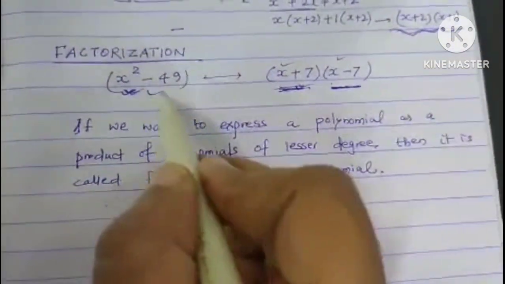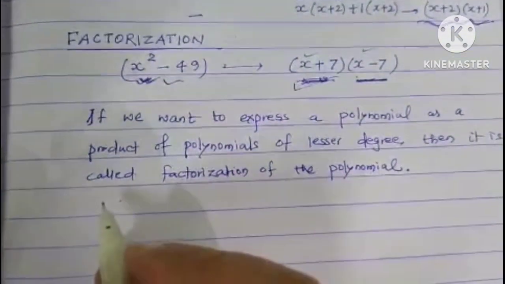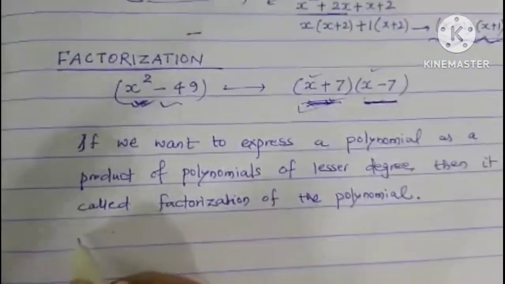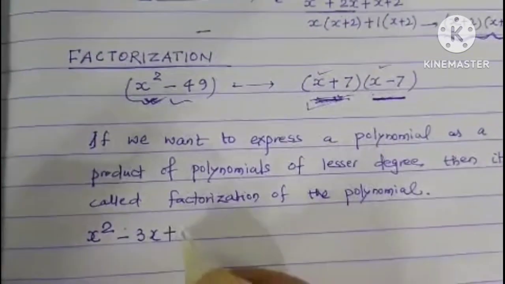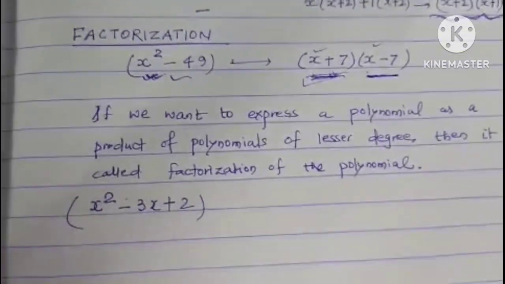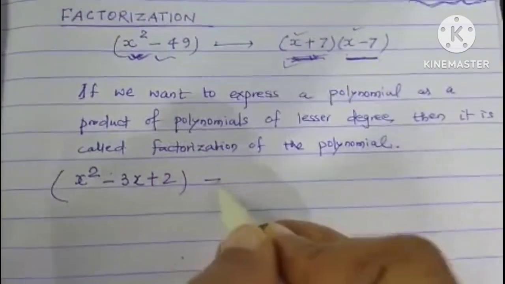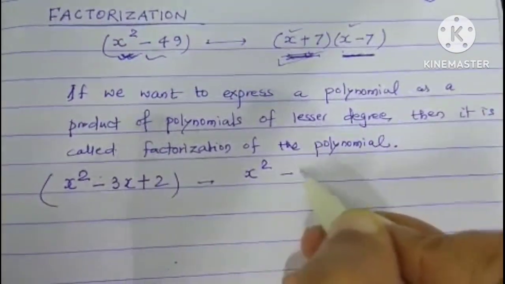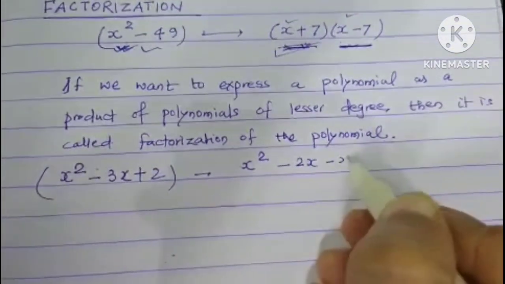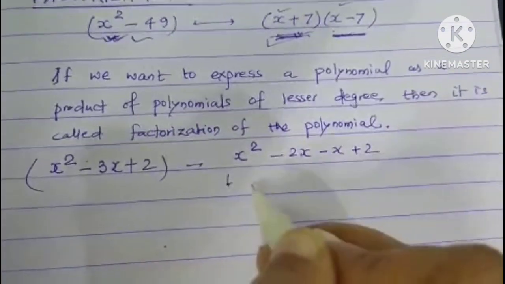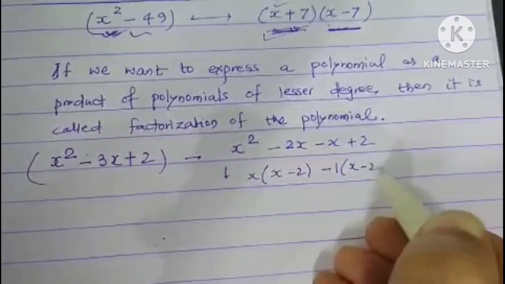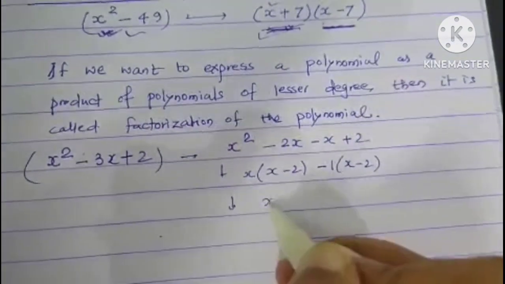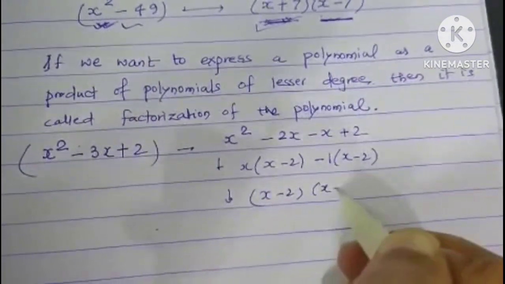So this one is a very good example. Let us take one more example: x square minus 3x plus 2. We can reduce this as x square minus 2x minus x plus 2, or x into x minus 2 minus 1 into x minus 2, or x minus 2 into x minus 1.